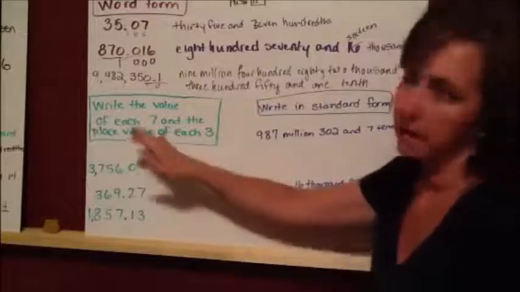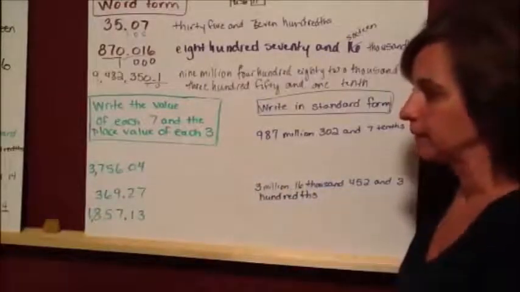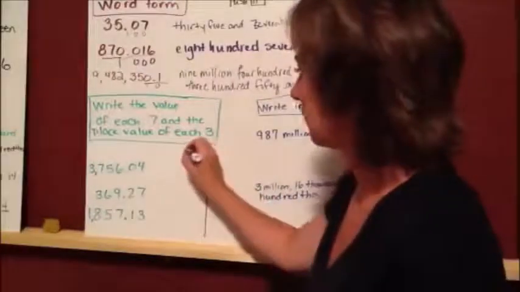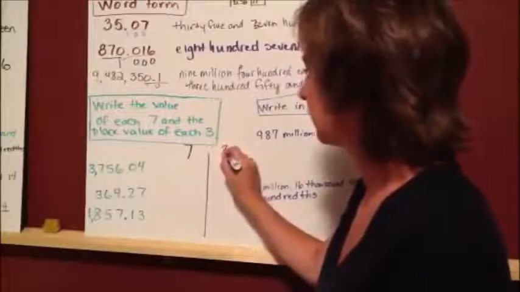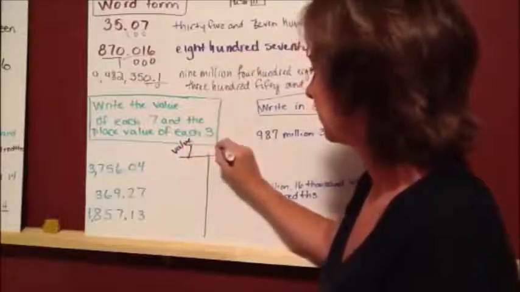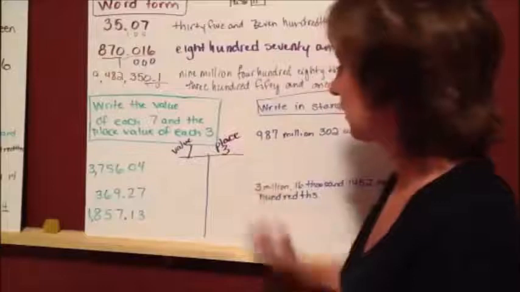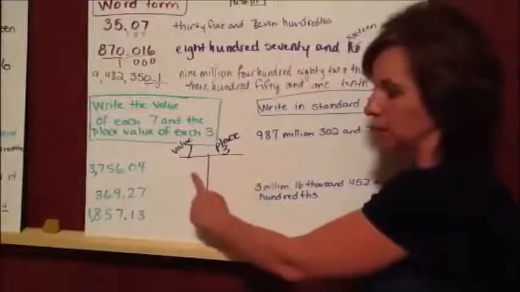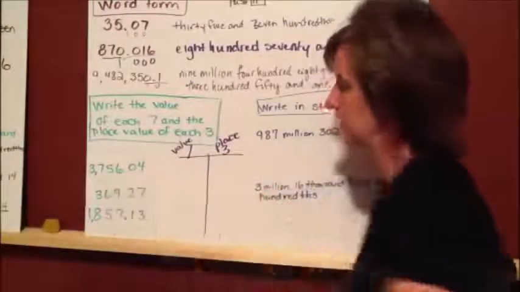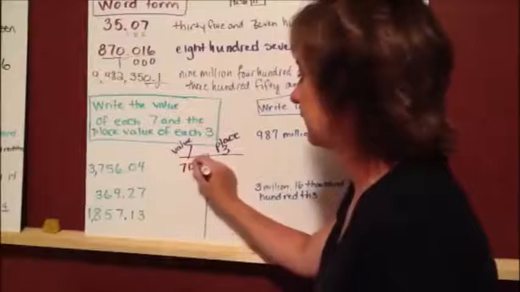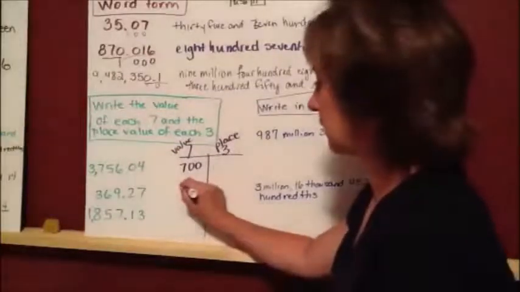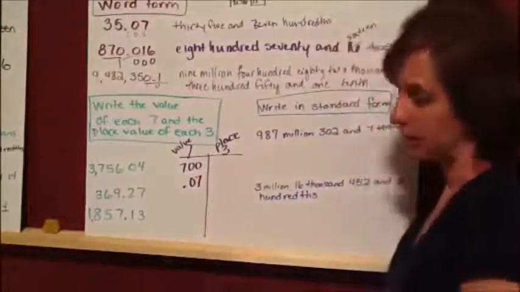Okay, this set of problems says write the value of each 7 and the place value of each 3. I'm just going to simply make a chart. This is what I'm going to do with my 7s, and this is what I'm going to do with my 3s. This I'm going to write the value, and this I'm going to write the place value, which means this one's going to be a location, and this one's going to be how much it is worth. The 7 in this number is in the hundreds place, so its value is 700. This 7 is in the hundredths place, so its value is 7/100ths.